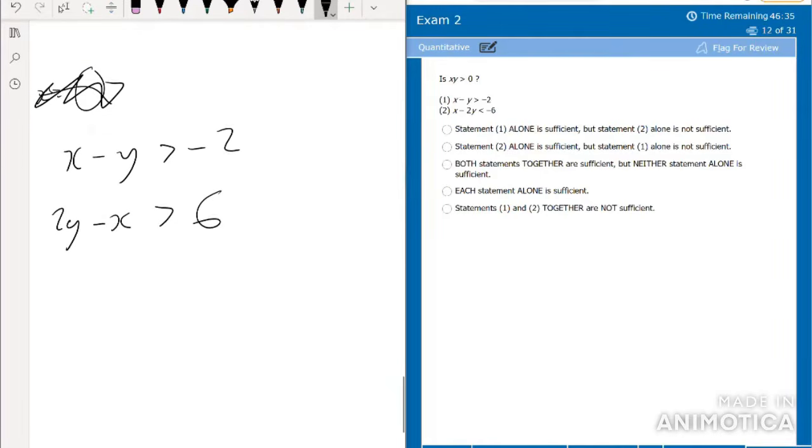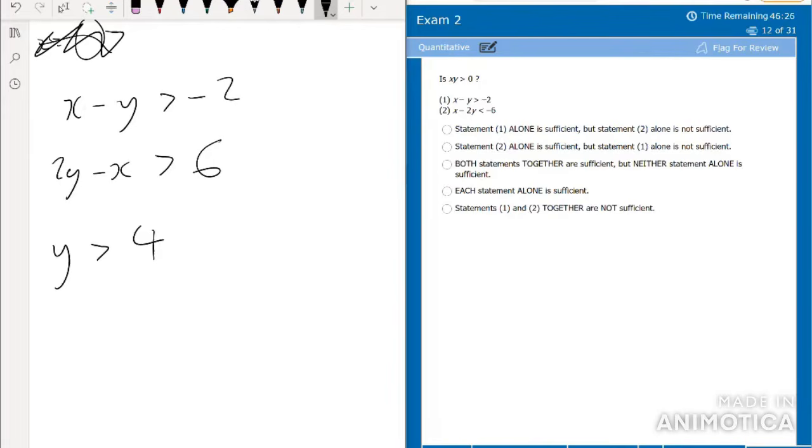And if we add those together, we get that y is greater than 4. Then if y is greater than 4, x is greater than 4 minus 2, so x is greater than 2. Okay, so together they are sufficient.